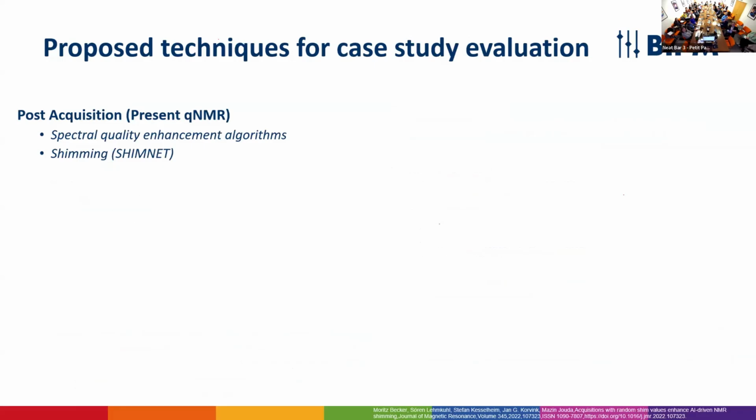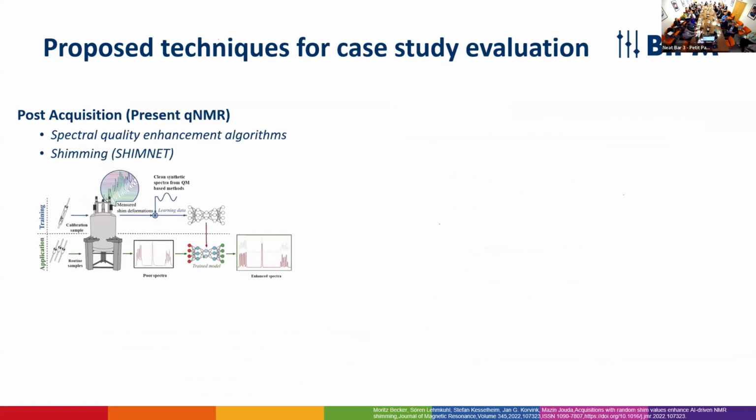So something that I'm investigating, and want to look at, is spectral quality enhancement algorithms. Something that was in a recent Polish NMR workshop was an open access program called ShimNet, which had this lovely picture that I'm hijacking. It involves training on calibration samples, where they purposely make poor spectra for the shimming, and then, for a trained model, they can enhance the spectra and normalize the shim.